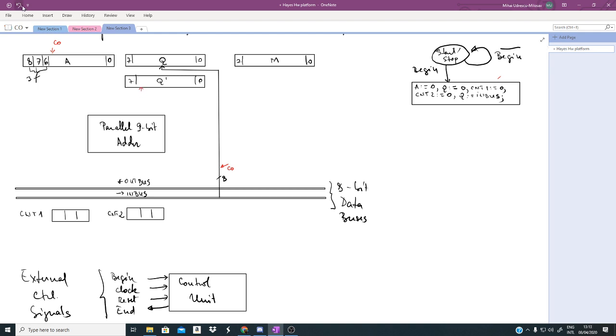I'll put it right here, maybe it's better. So with C0, I reset counter 1, and with C0 I reset counter 2. Okay, so that's the first step.